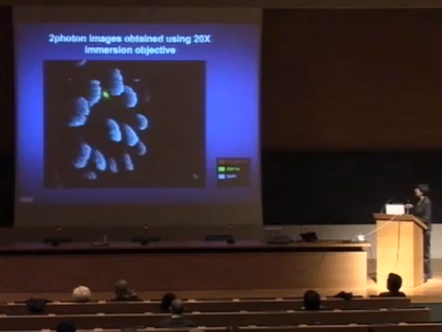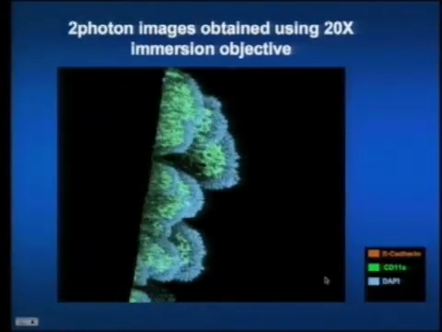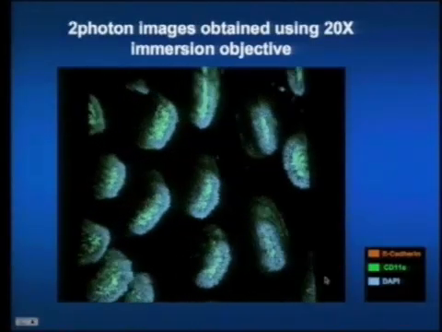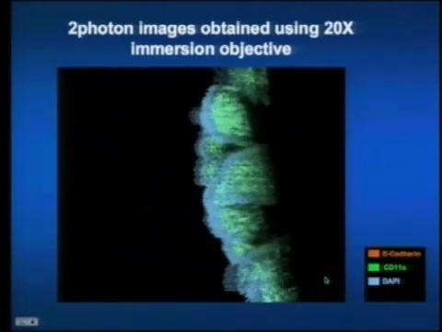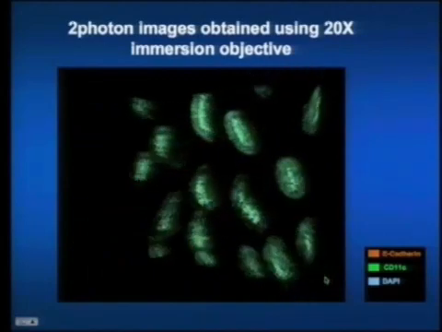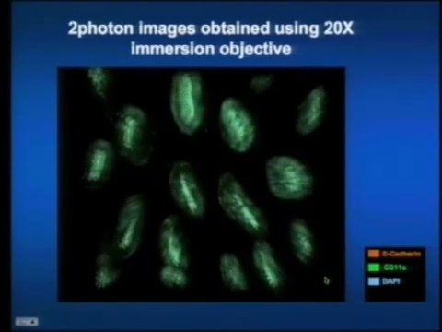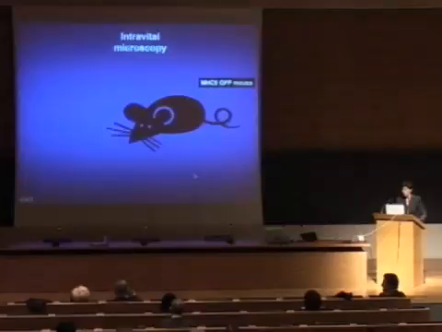For instance, these are the intestinal villi, and you can see that you can go much deeper into the tissue and follow several markers. These are just static images, but you can do that also in vivo, directly in the mouse system.